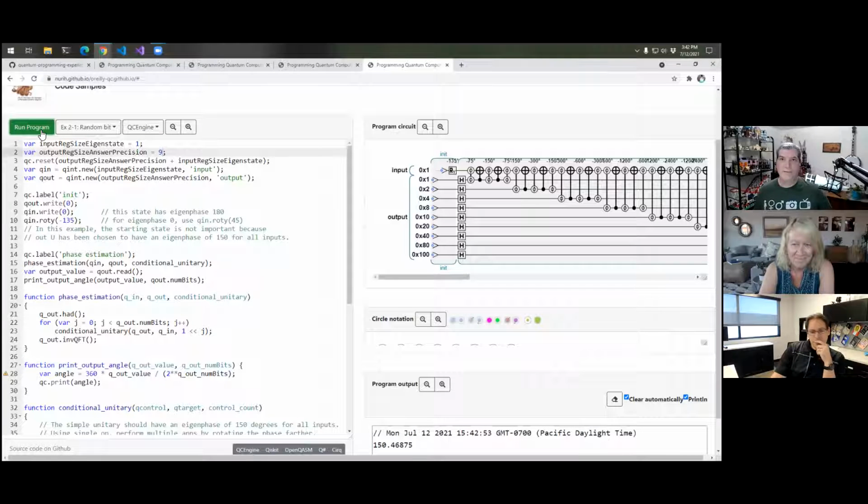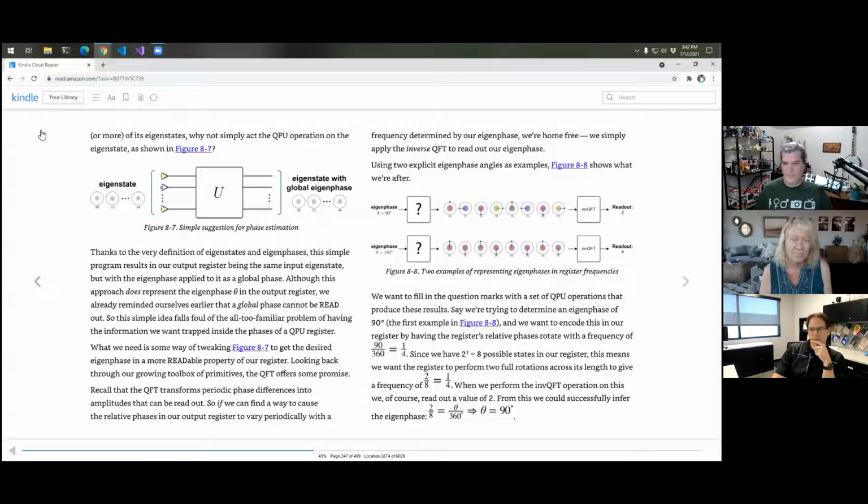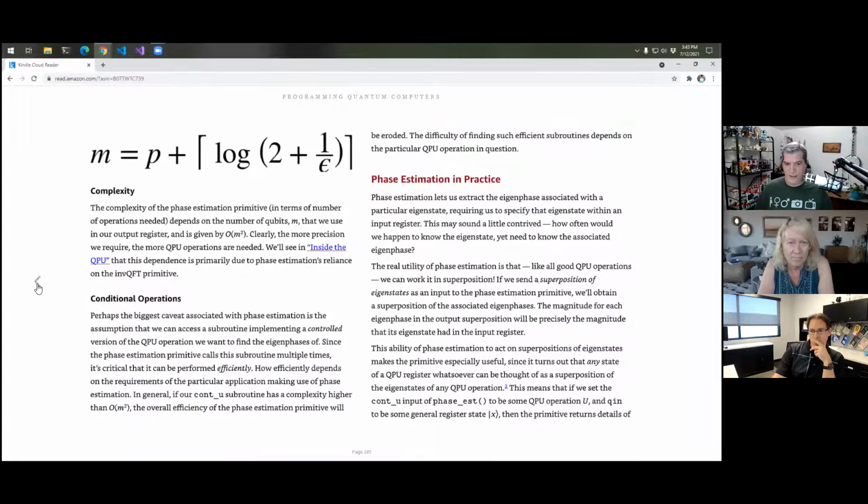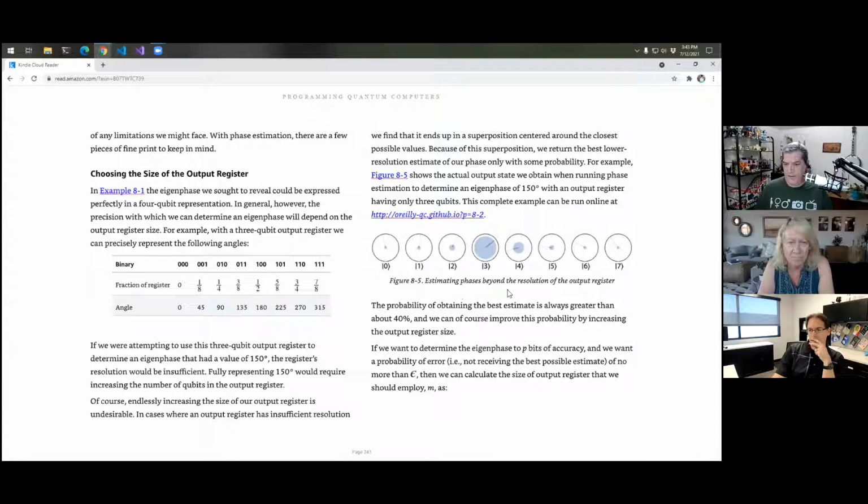What I didn't understand is that the picture diagram he has in the book for figure 8.5 does not match the output, no matter how many times. Figure 8.5, back up a page, right there. This one? He says that's what you get if you try to estimate 150 degrees, and he even talks about it in, I want to say, his 8-2 example. Unless I'm referencing this wrong.